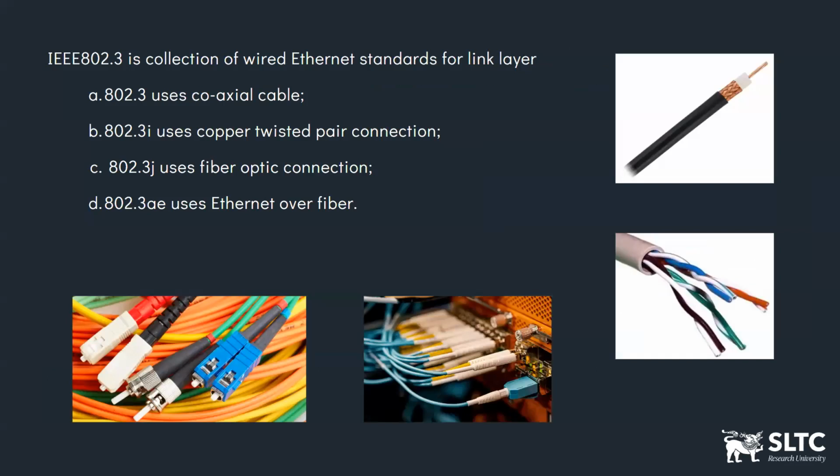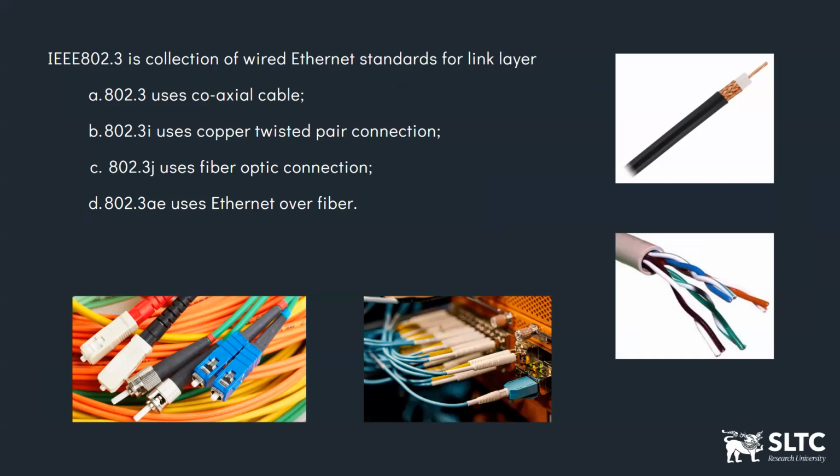Next, when we take into consideration the Ethernet connection, it follows the IEEE 802.3 protocol, which defines the standards for communication using Ethernet links. If the Ethernet link is a coaxial cable, it needs to follow 802.3.